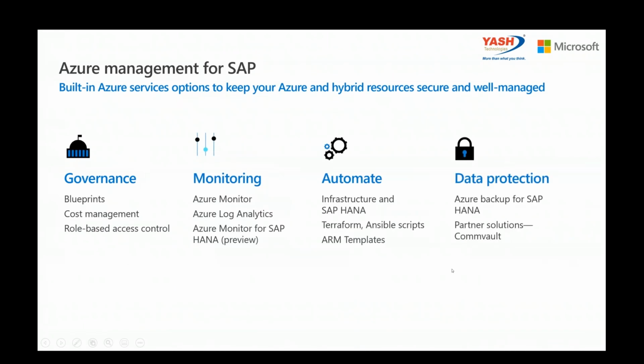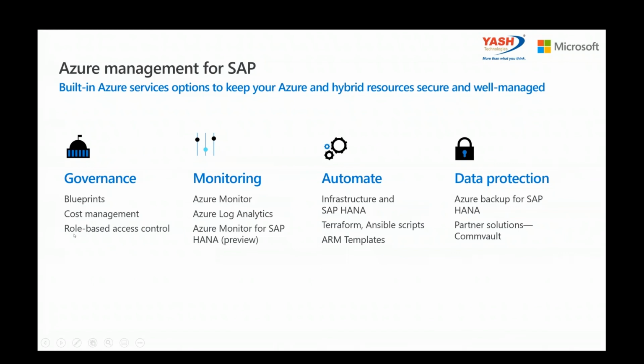So going on to Azure is not just about infrastructure, right? It's not just about that compute resource. A key requirement to consider is how you would govern and operationalize your whole environment. I won't touch everything here, but in terms of governance, we do have native capabilities to handle cost management, to keep costs down and optimized.